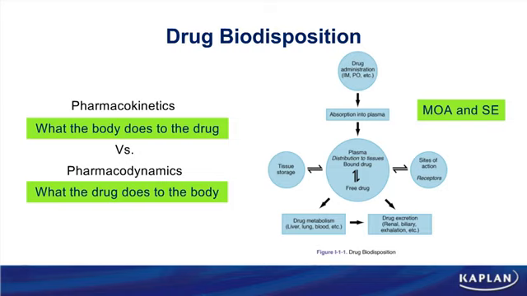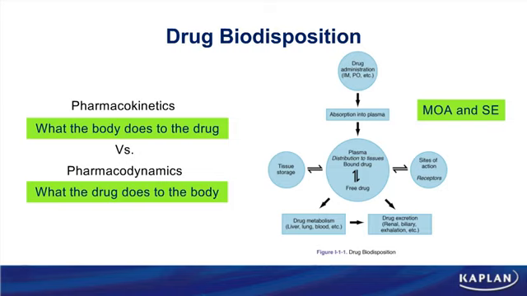I will tell you that on your Step 1 exam, very, very few questions will deal strictly with pharmacokinetics. That means more often than not, questions on your Step 1 exam are going to deal with pharmacodynamics. The part of this diagram that deals with pharmacodynamics is shown on the right side here, where the drug interacts with its receptor.